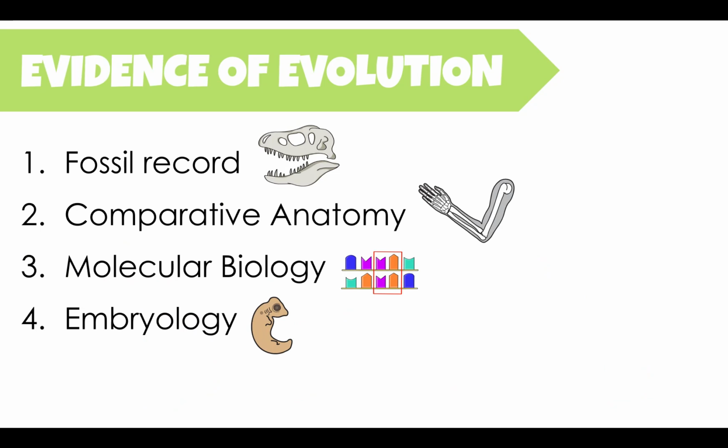We're also going to look at molecular biology information, so we're going to go into the DNA, the protein sequences of organisms, and compare and look for similarities and differences. And then the last kind of category of evidence is a field called embryology, where we're going to compare the shapes and traits of embryos at different stages of development to say, are these organisms similar or different?